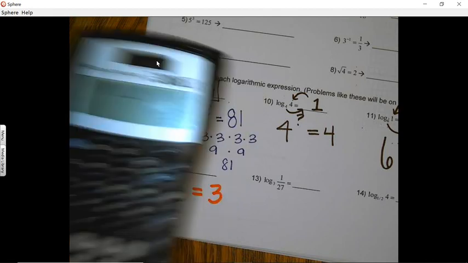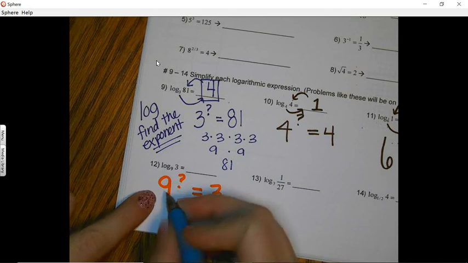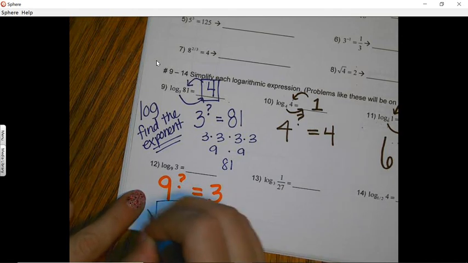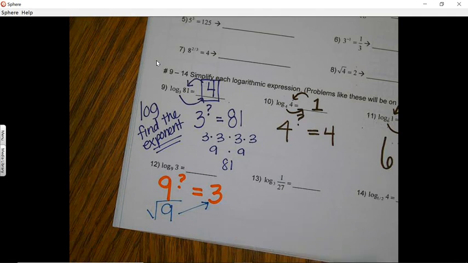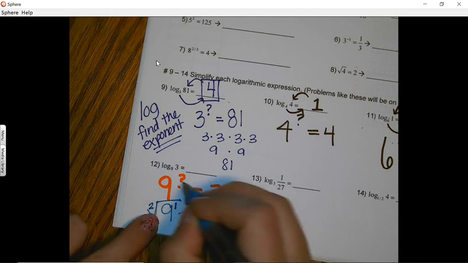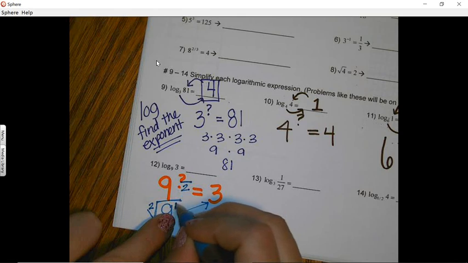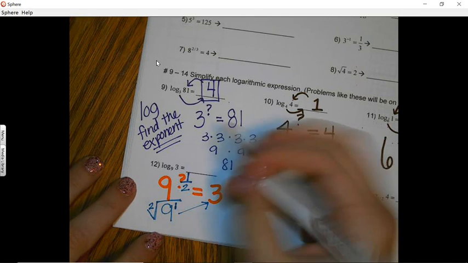So you have to remember what you learned from chapter 8, and remember, if I square root 9, won't that get you 3? The exponent for a radical, remember, it's inside out. The index is always the bottom, and then this exponent, which there isn't one, so I put a 1. So that's how we would know the answer to number 12 is 1/2.